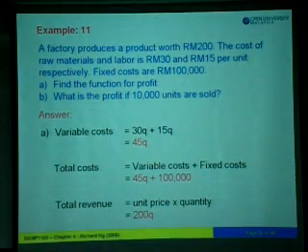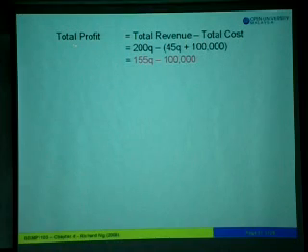And then next, we need to find the total revenue, which is equal to P times Q. P is the unit price of a product, which is 200, times quantity Q. And therefore, from here, the total profit is equal to total revenue minus total cost. We have found just now, total revenue is 200Q, so minus total cost.